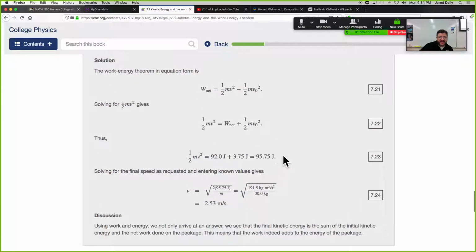So this is the energy that it gains by being pushed, and this plus the amount that it had to start, which is 3.75, so 92.0 plus 3.75, is what it had when it had 0.5 meters per second of velocity. This is what it gained by being pushed. So this is its total. And all of that energy has to come out for it to stop, because all of this is movement energy.